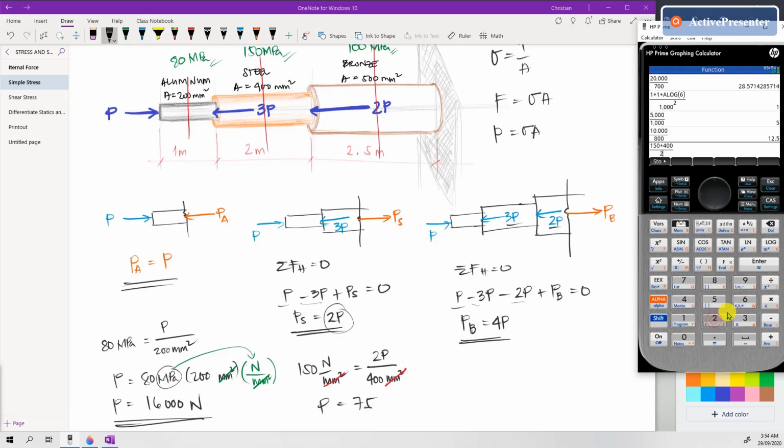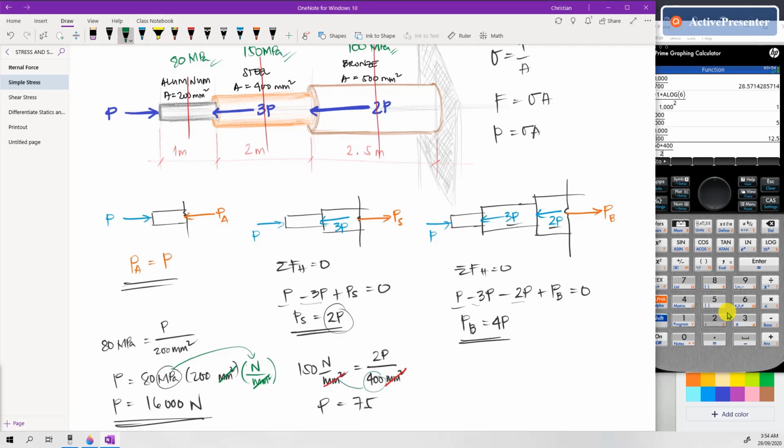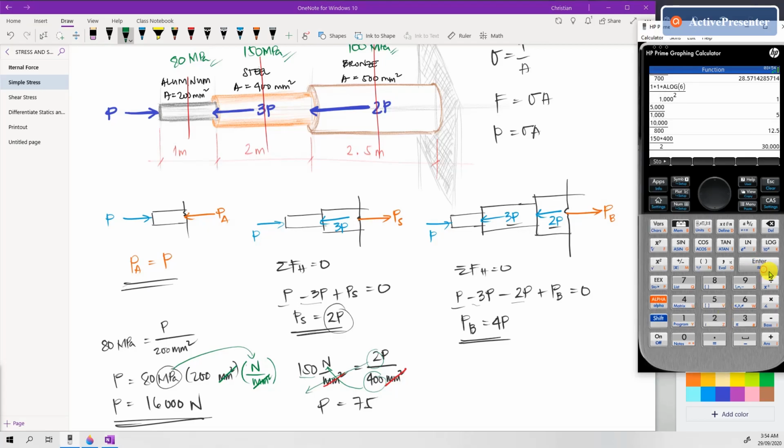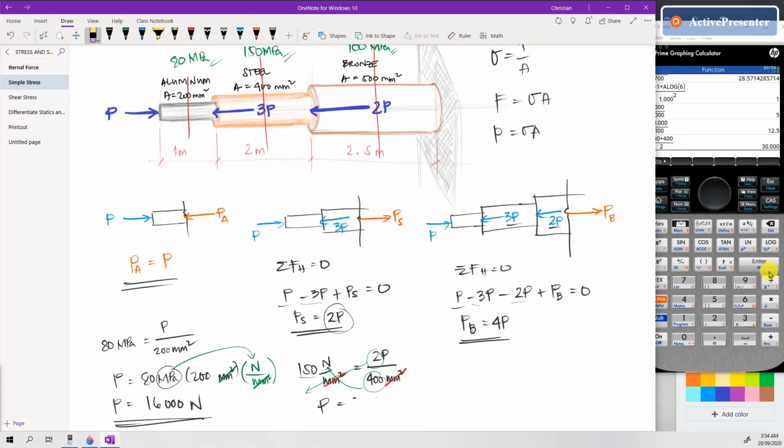Okay? Tama, no? So, itataas lang naman natin to doon. So, kaya magiging 150 times 400. Then, over 2. So, we have 30,000 Newton.